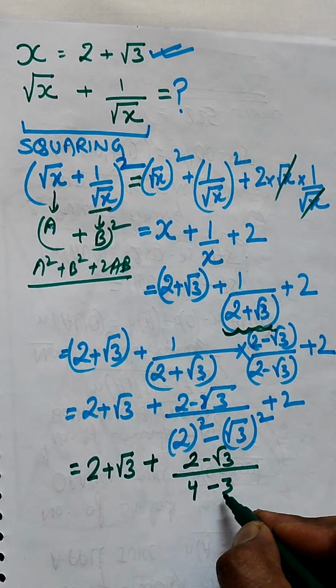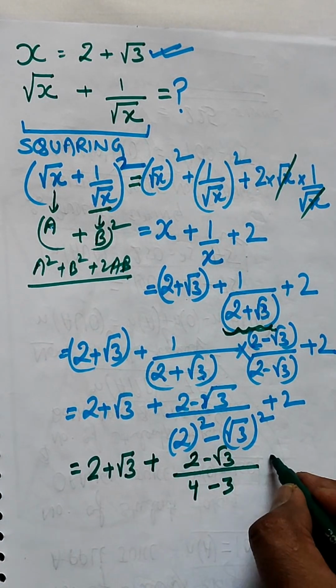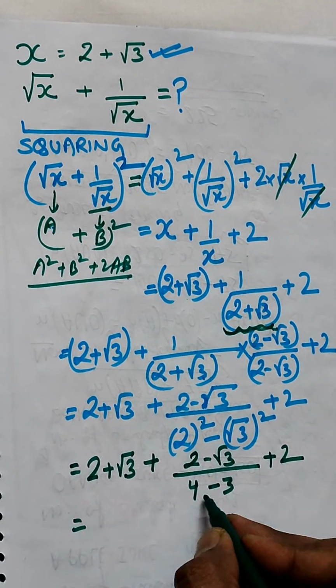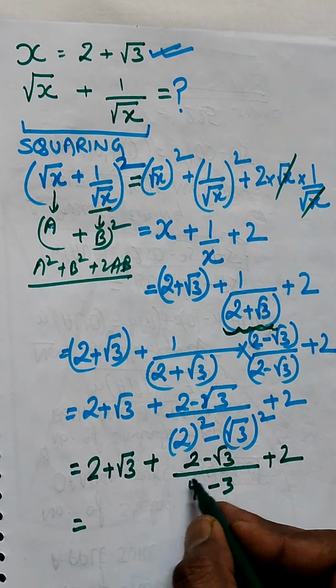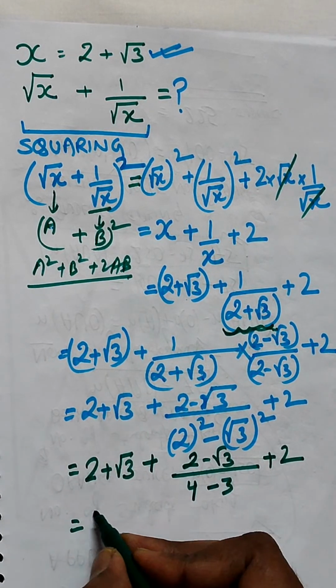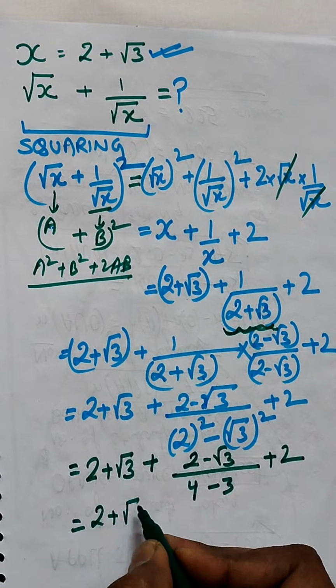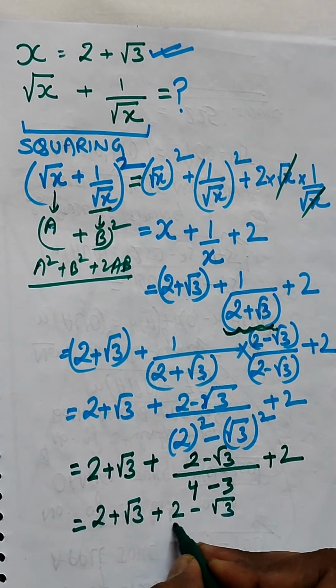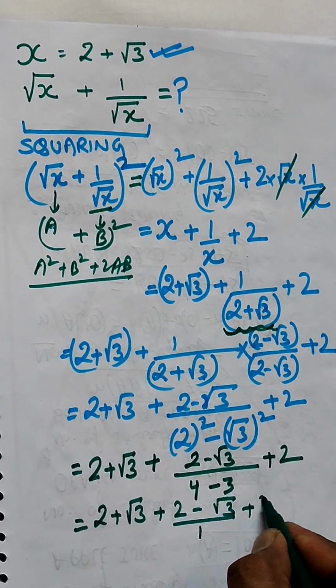So 4 minus 3 in the denominator will be 1. Now we are left with 2 plus root 3 plus 2 minus root 3 by 1 plus 2.